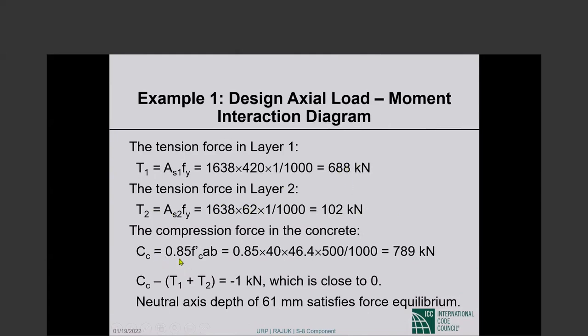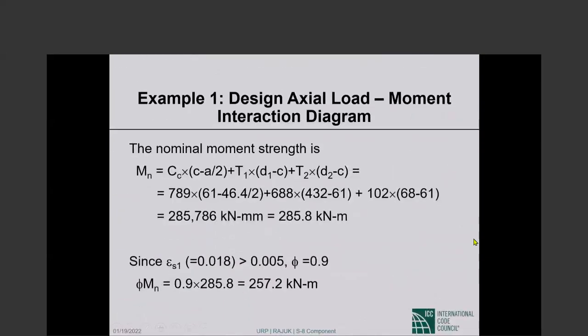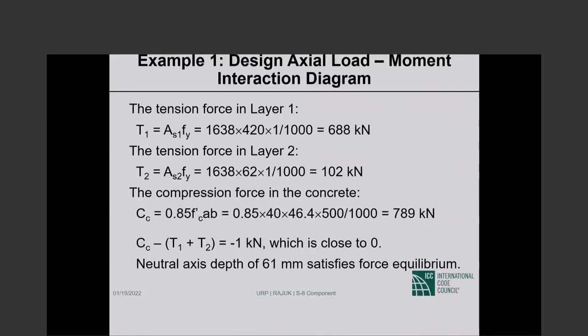The compression concrete force, 85% f'c ab, comes to 789 kilonewtons. The compression minus the two tensions is just 1 kilonewton, which is as good as 0. So we have found the right neutral axis depth.